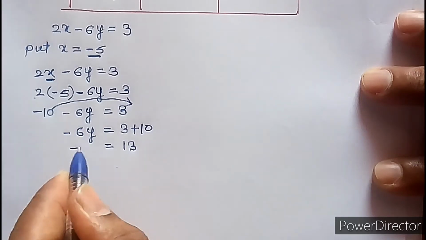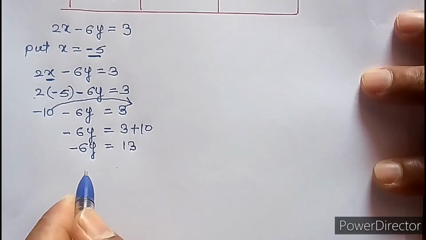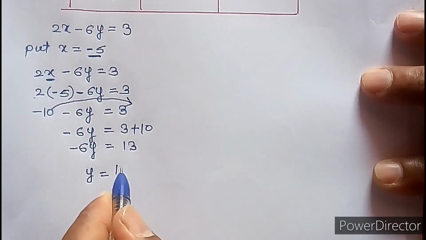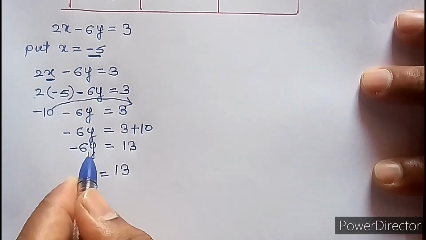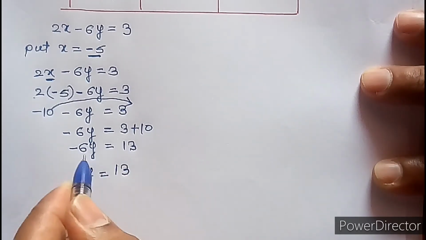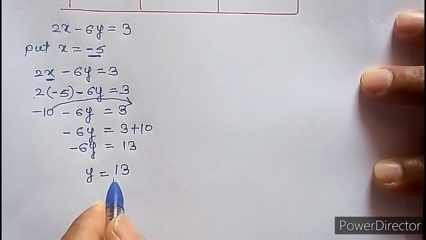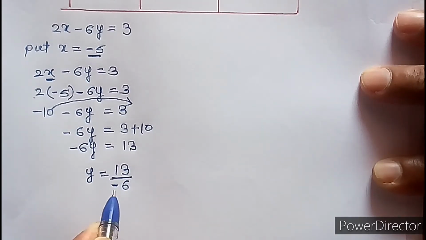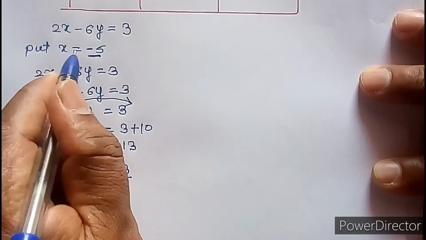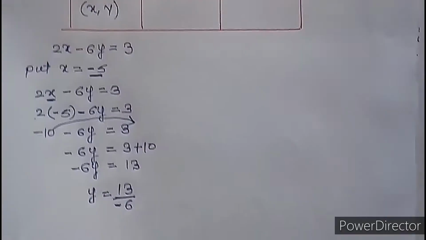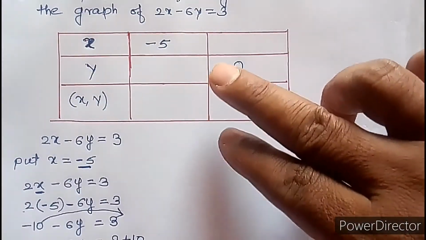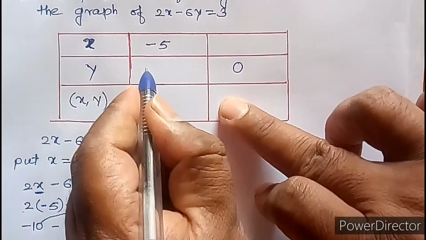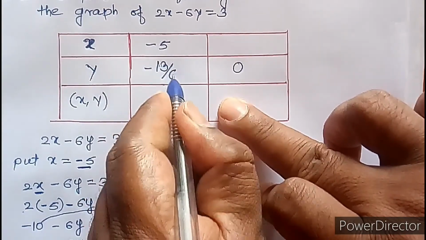This 13 is the value of minus 6y. Then the value of y will be 13 divided by minus 6, since minus 6 is multiplied with y and on shifting to the right hand side it becomes divided by minus 6. Our answer is minus 13 by 6.